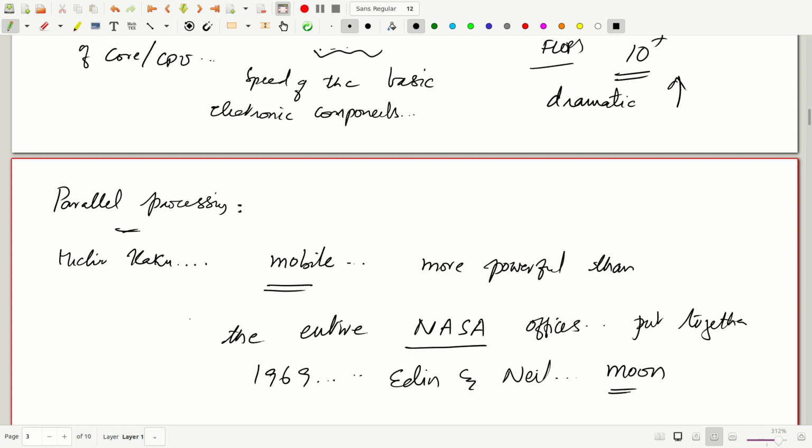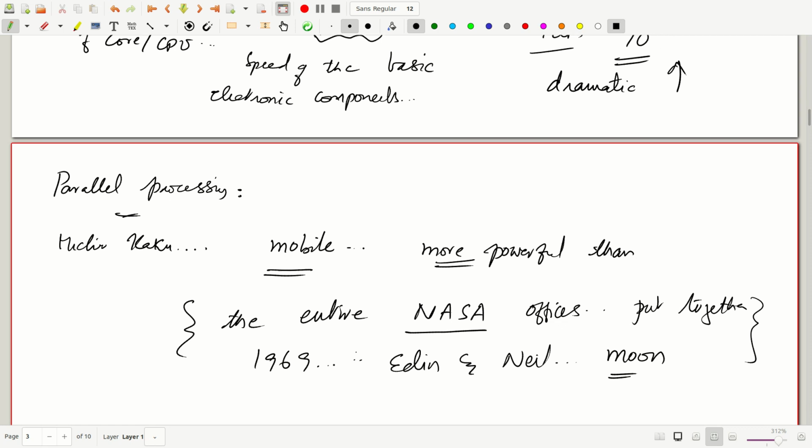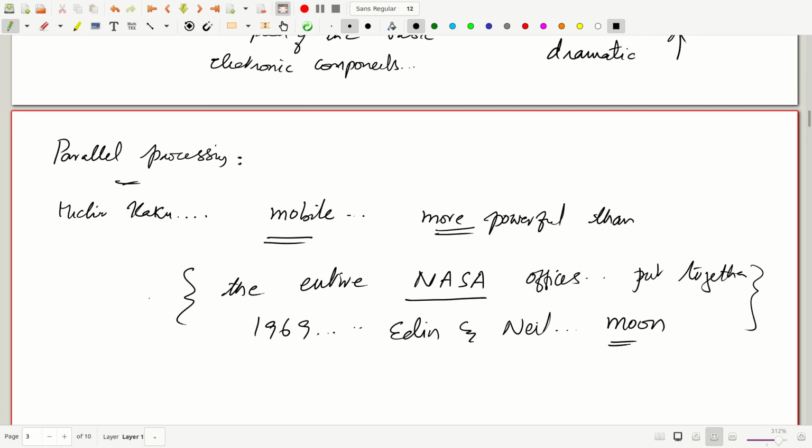So the entire computational power they had back in 1969 is so small that the mobile you are holding right now is much more powerful than the entire computation facilities they had when they put 2 astronauts on the surface of the moon. Okay, that is quite tremendous, and the answer to this lies in the increase in parallel processor technology. Okay. All right.